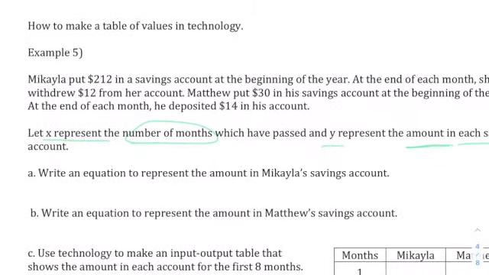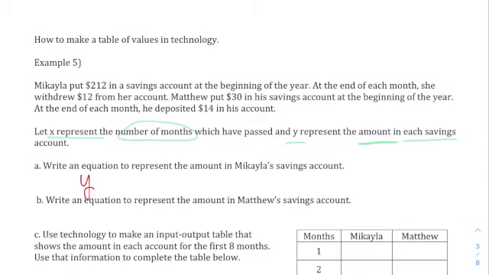Michaela's savings account is going to be Y because that's the total. Michaela put $212 in the savings account in the beginning. So that means you're going to start at $212. But every month she withdrew $12. That's something per month. That's the slope, something per something.